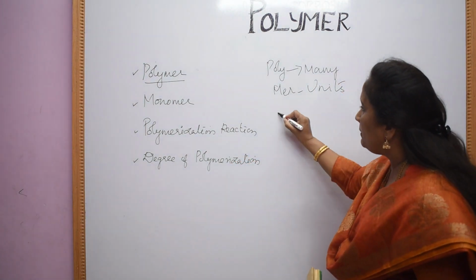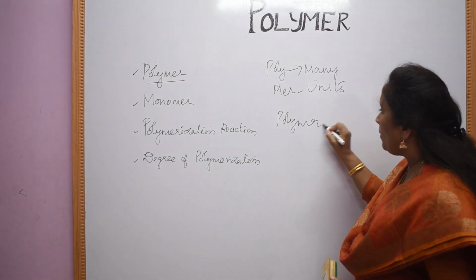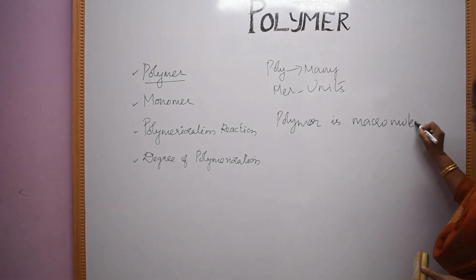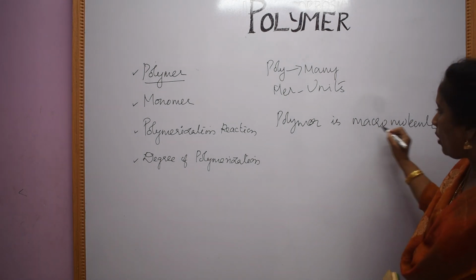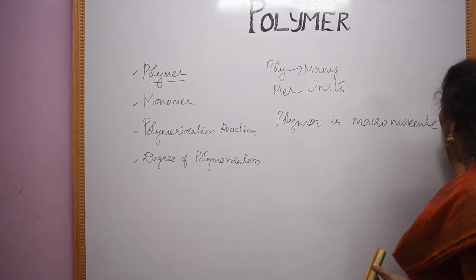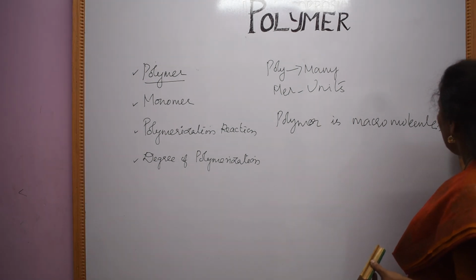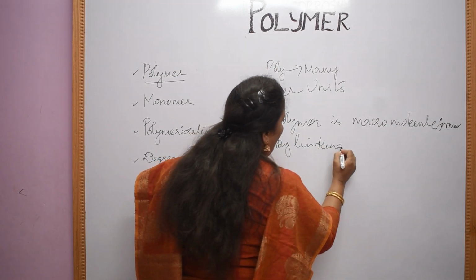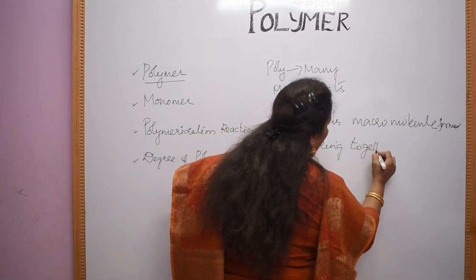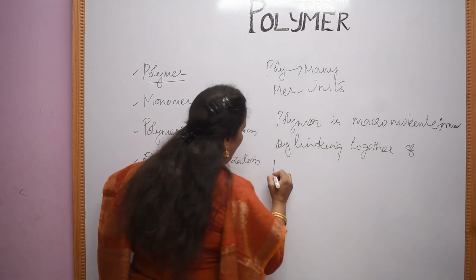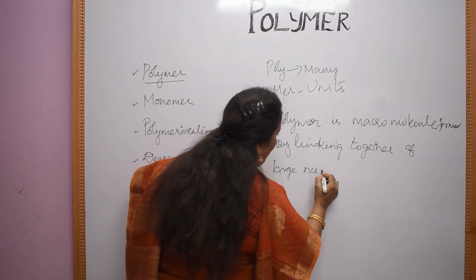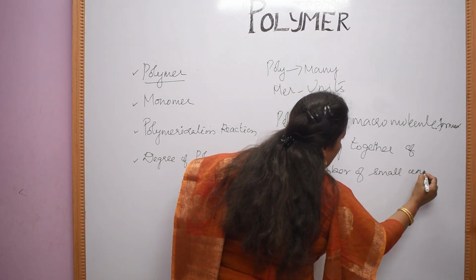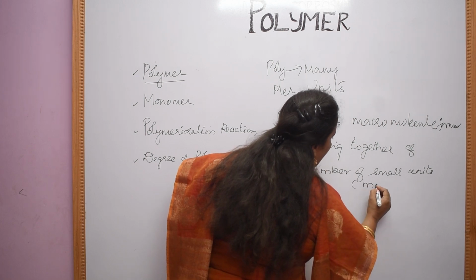So how can we define polymer? Polymer is a macromolecule. That means it is a large molecule, and how is this molecule formed? It is formed by linking together a large number of small units, and these small units are called monomers.